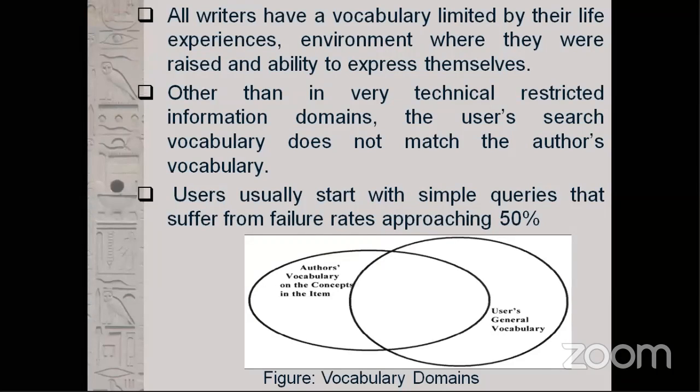For example, Google has a database with a large collection of documents. Suppose I want to search for a particular document and take the term US. In my sense, USA is nothing but the United States of America.